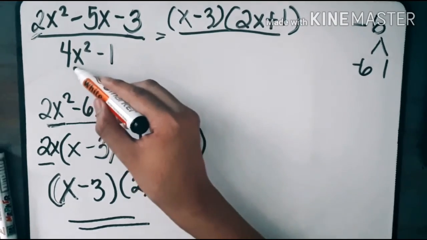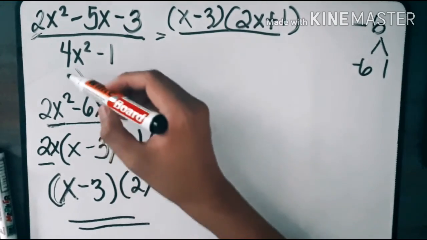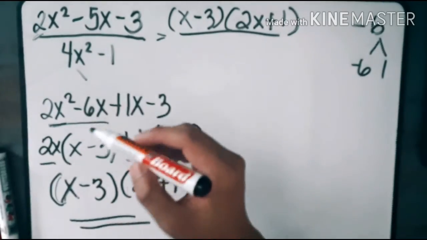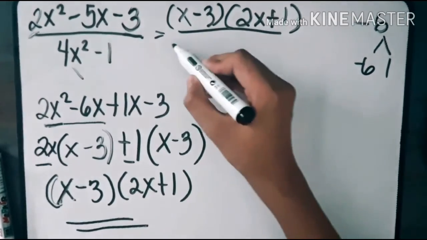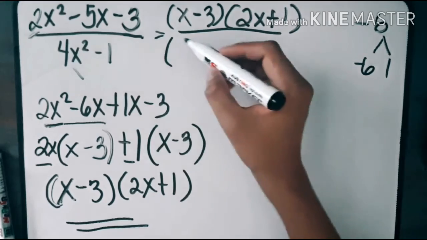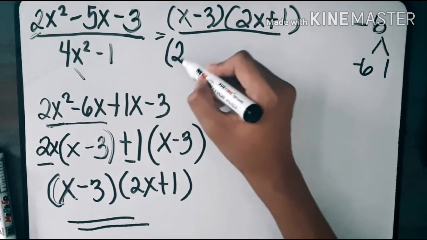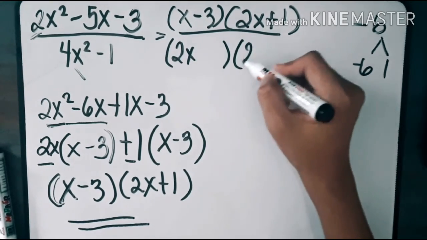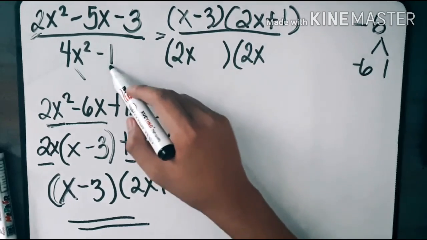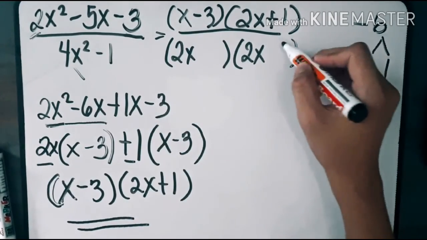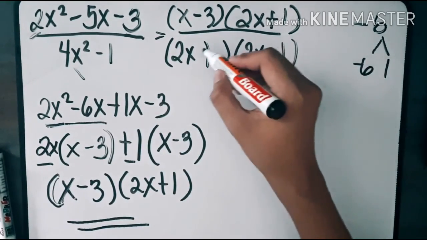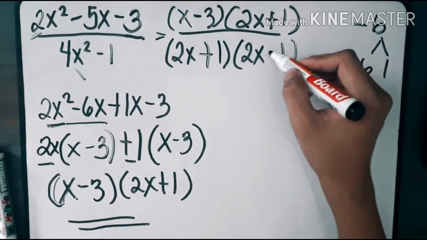And ito naman, denominator natin is a difference of two squares. So, square root of 4x squared is 2x. And square root of 1 is 1. Of course, positive 1 and negative 1.